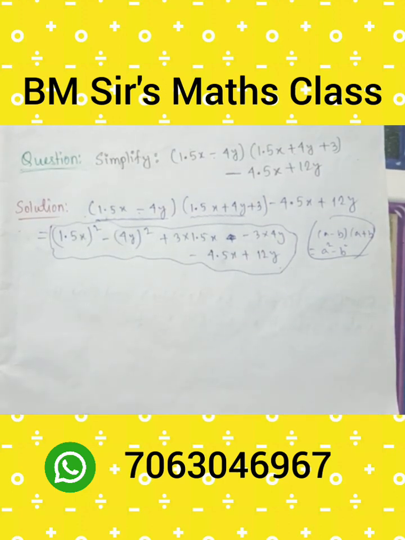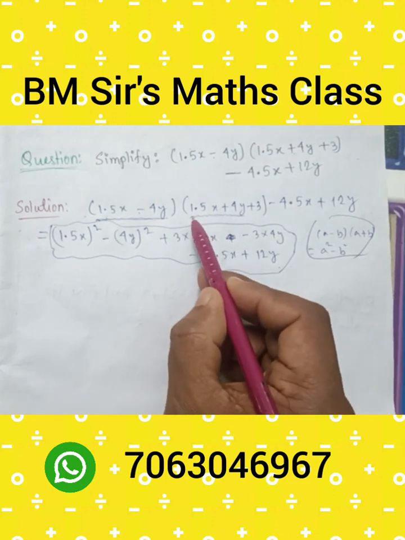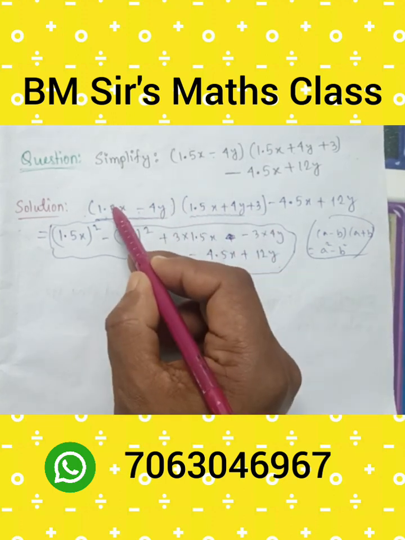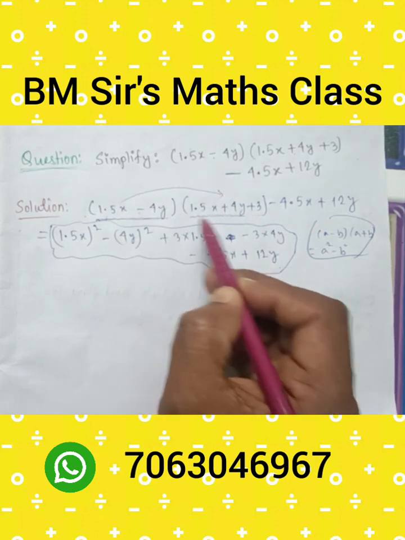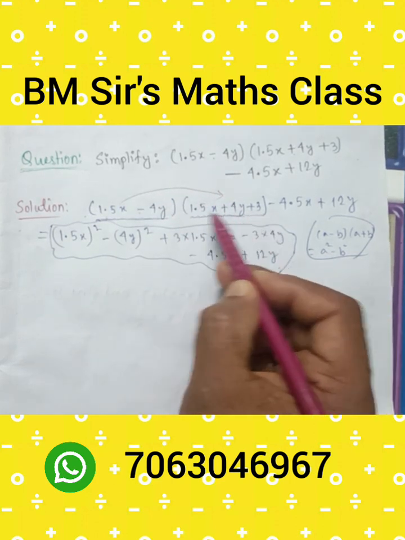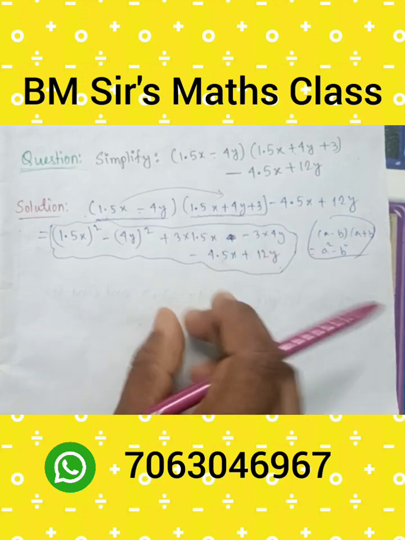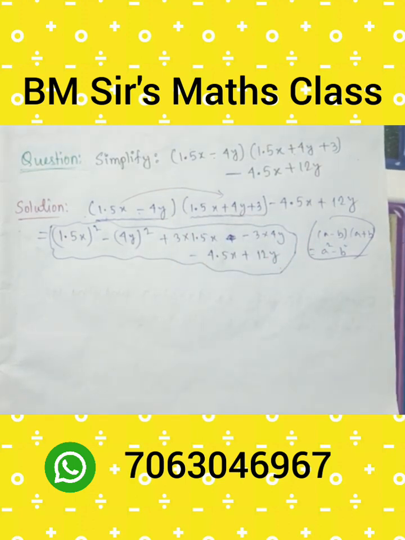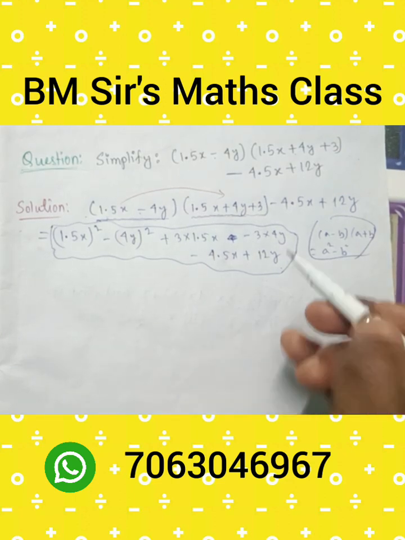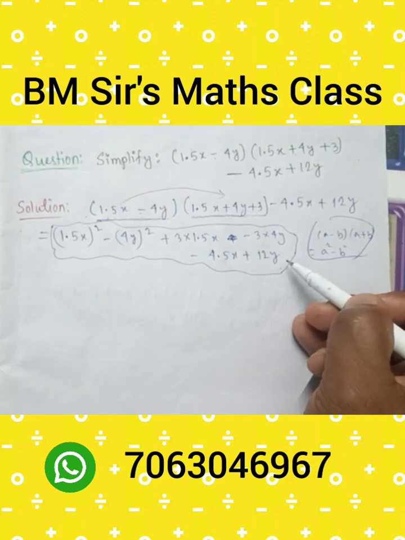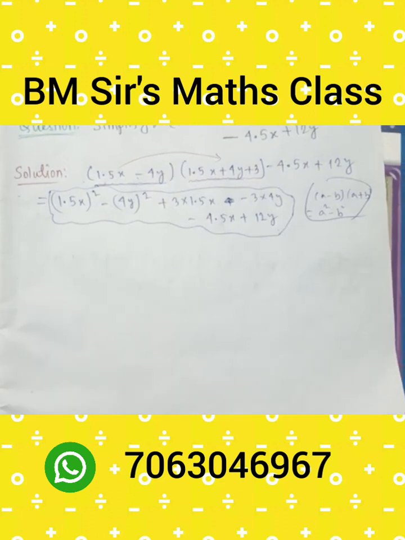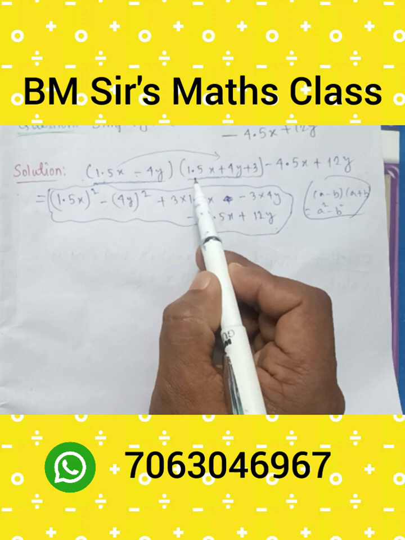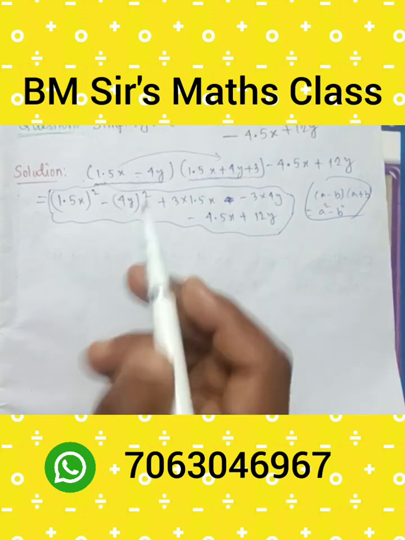Simply multiply term by term. That means you consider this term and multiply the whole term by 1.5x at first. Then multiply all these three terms by −4y. You will get the same result. Here we have to multiply using the distributive law. This step is also right. You can follow this step or the second method. For the second method, multiply these three terms by 1.5x.